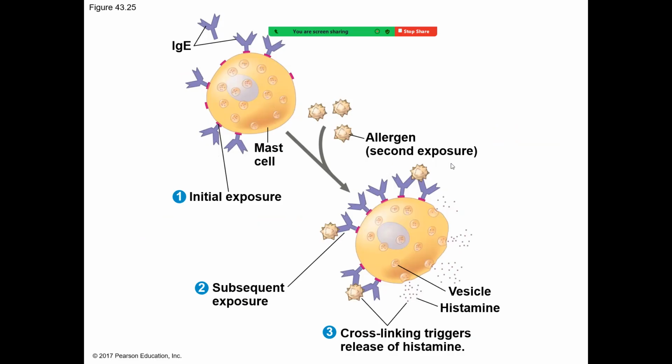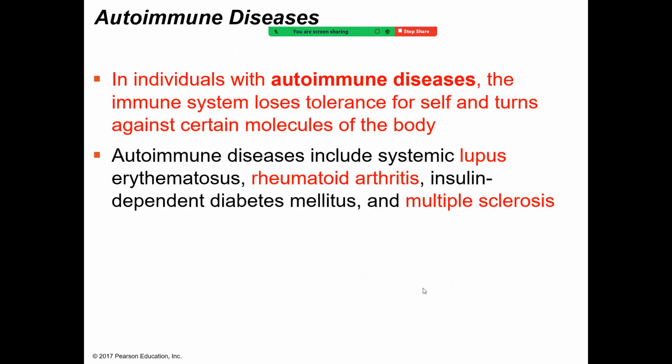Each subsequent time that an individual sees or is exposed to a particular allergen, whether that's a food or a pollen or something from the environment, you have binding to those particular IgE antibodies that are attached to the mast cells. And the more binding you have, the more histamine will be released. So that histamine is going to lead to, again, all of those inflammatory responses, which could lead to anaphylactic shock in a worst case scenario.